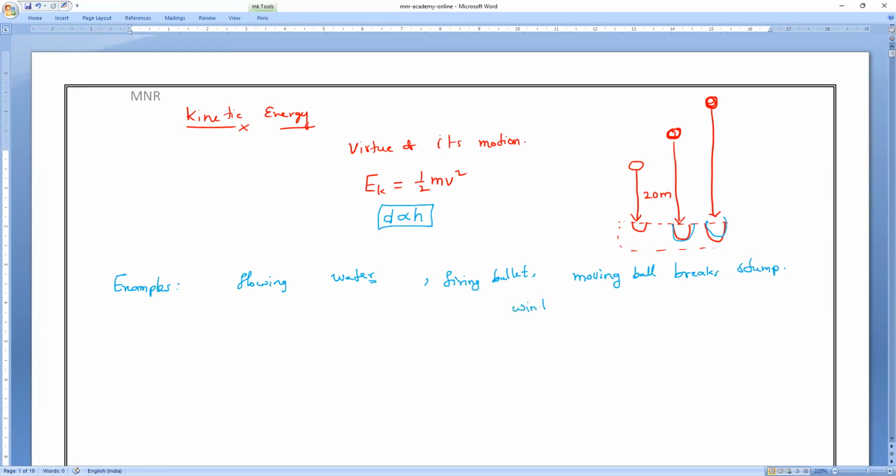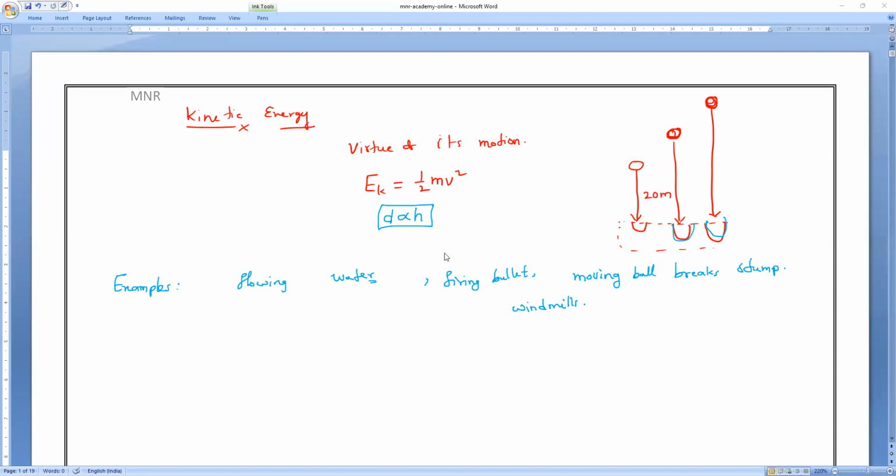A windmill: the air rotates the blades of a windmill, that also possesses kinetic energy. Like this, different examples we can take. A moving car is also an example of kinetic energy. All the moving objects definitely possess energy. That is what we used to call kinetic energy.